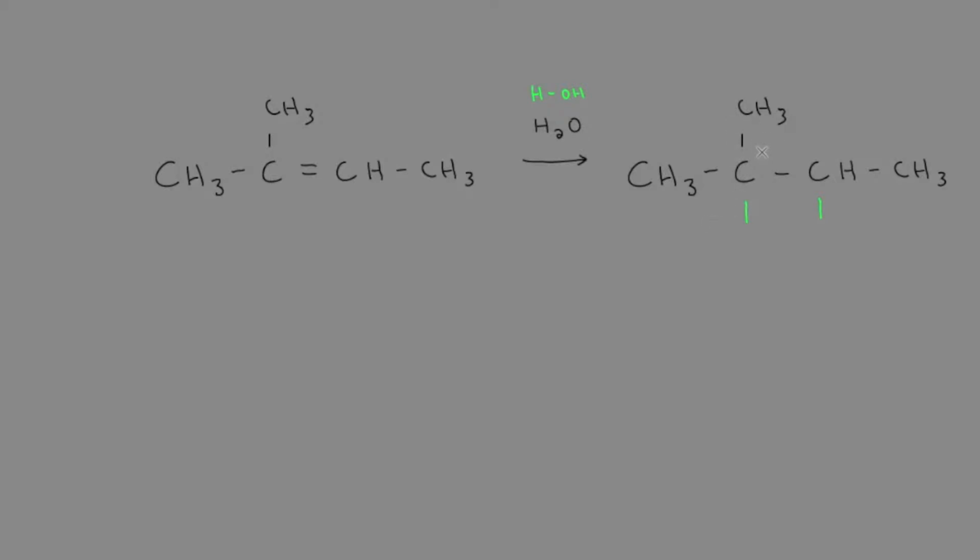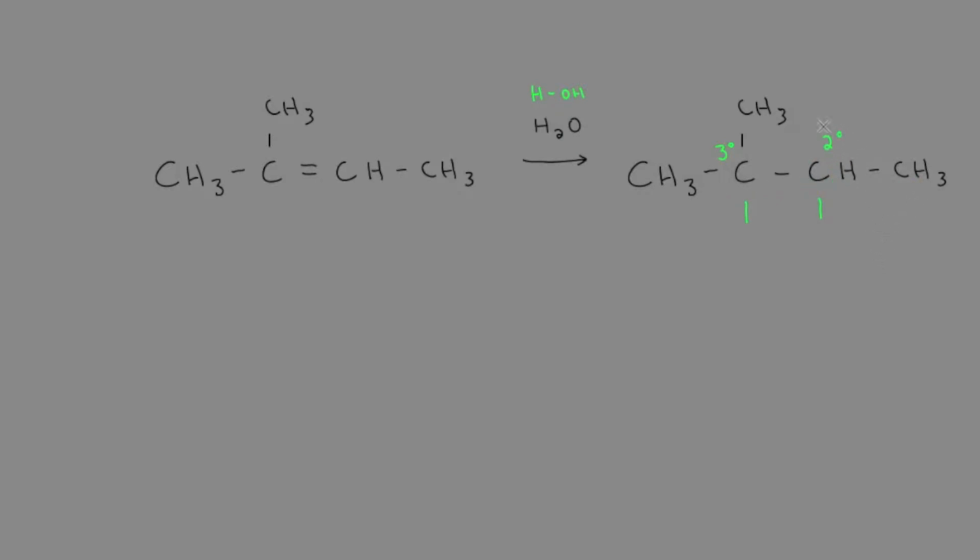We put the alcohol on the more highly substituted carbon, which is the carbon bonded to more carbons. So we can see this carbon is bonded to 3 carbons, therefore it's tertiary. Whereas the other carbon attached to the double bond is bonded to 2 others, so that's a secondary carbon.